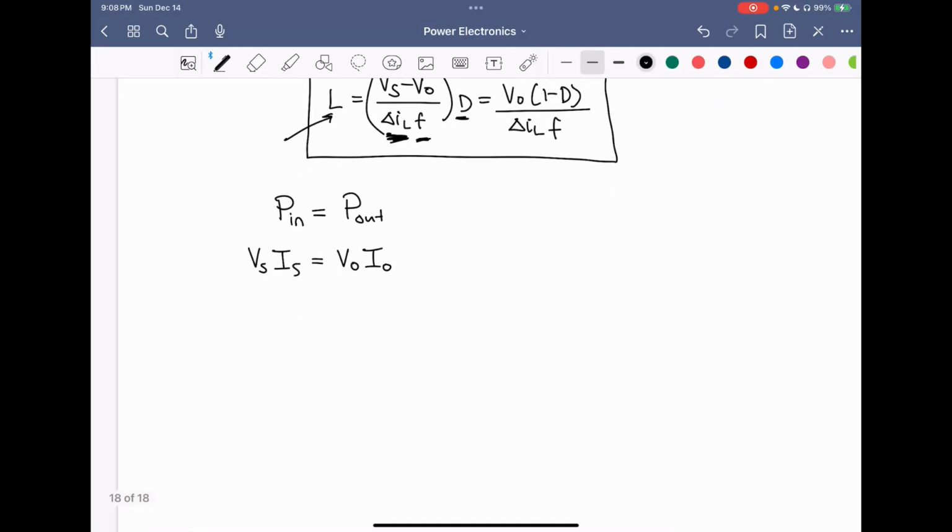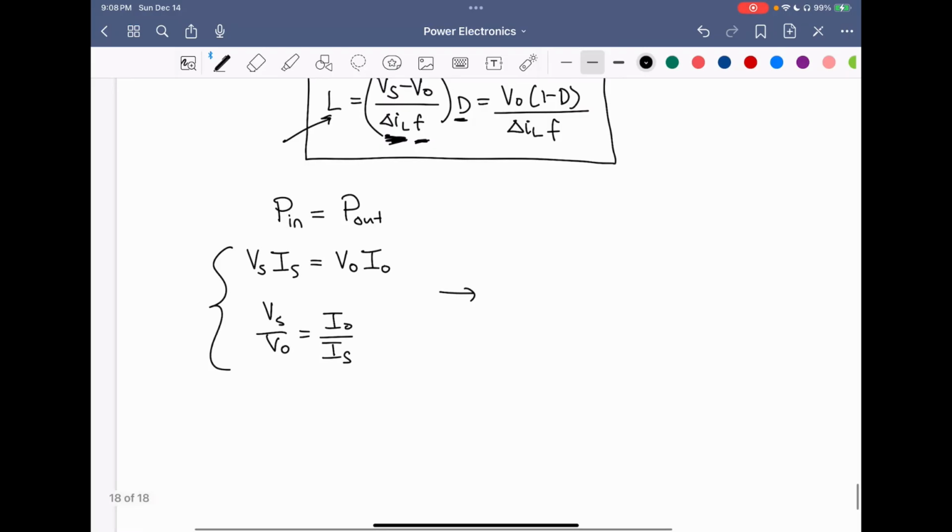Now if we divide both sides by VO and by Is, we get Vs over VO equals IO over Is. So if we note these relationships, this is actually very similar to the relationship for an AC transformer. So therefore, we can view the buck converter as being essentially equivalent to a DC transformer.